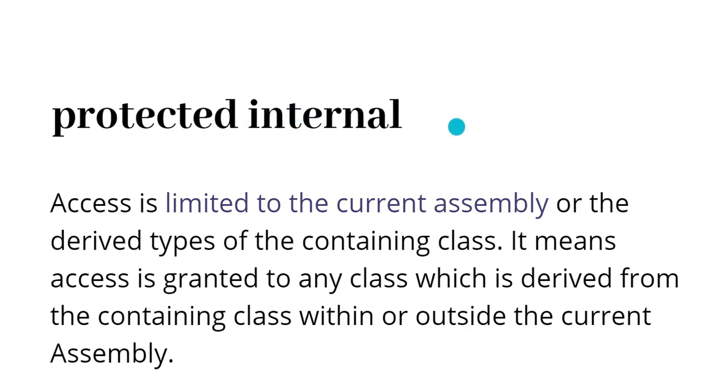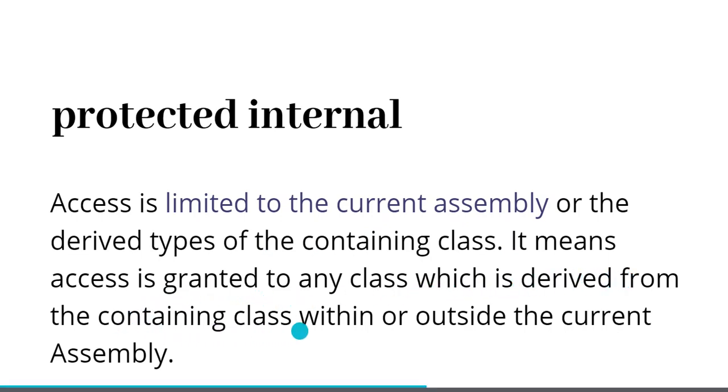So what is protected internal? Access is limited to the current assembly or the derived types of the containing class. It means access is granted to any class which is derived from the containing class, even outside the current assembly.